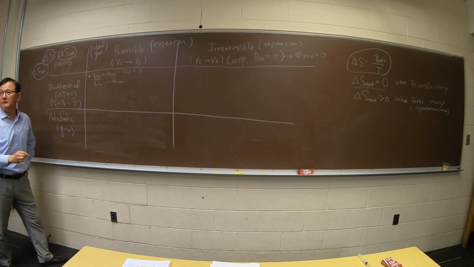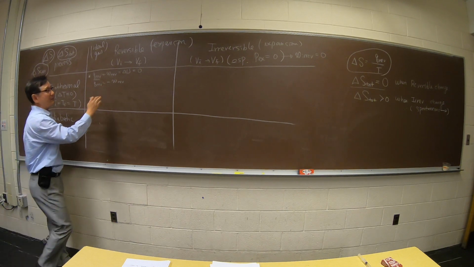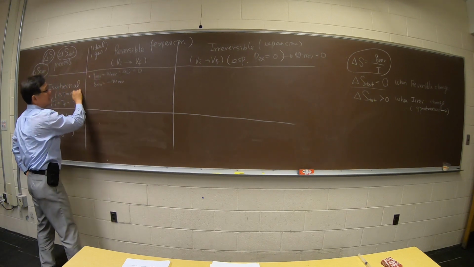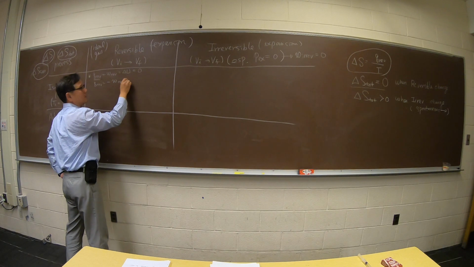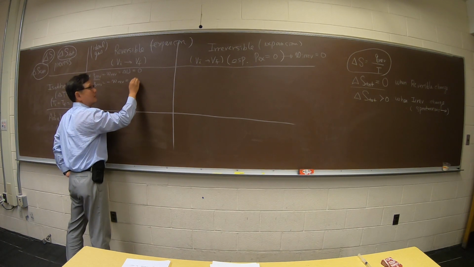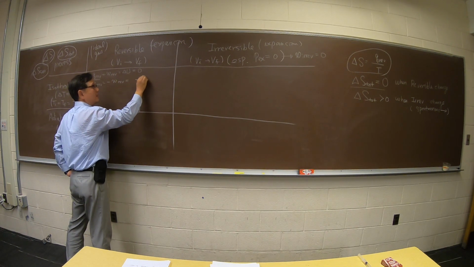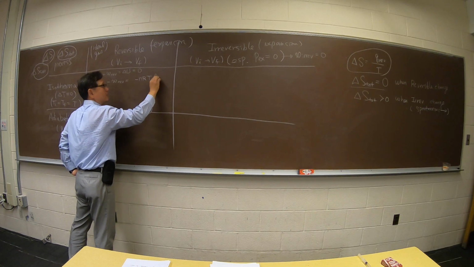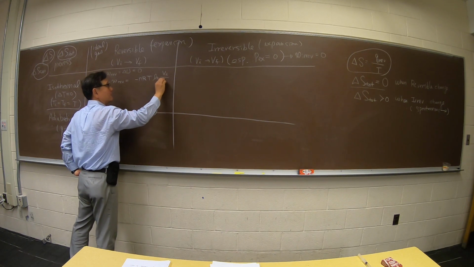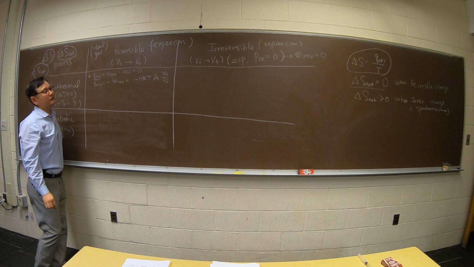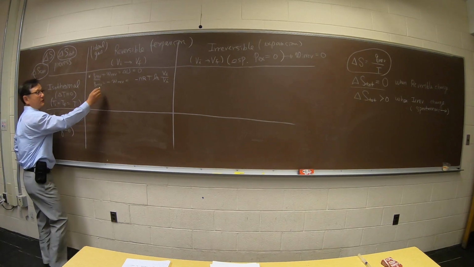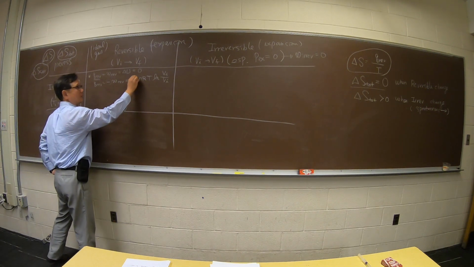And if you remember, the reversible isothermal expansion work was minus nRT ln of volume final over volume initial. That's the work, and then you need a negative sign, so this one becomes positive.